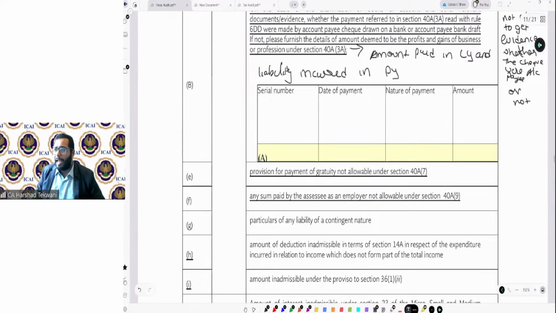Now 40A(9), if you see, talks about no deduction being allowed in respect of any sum paid by the employer towards setting up and formation of, or contribution to, any fund, trust, company, AOP, BOI, society or other institution, except where the amount paid is required by law. So that is 40A(9).